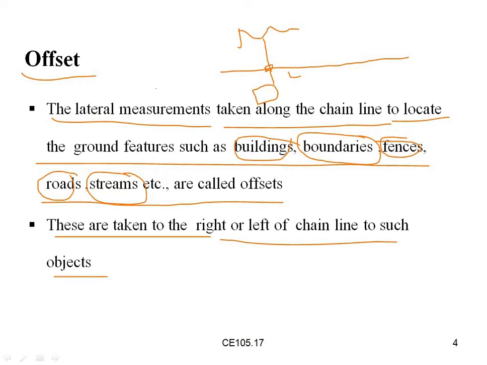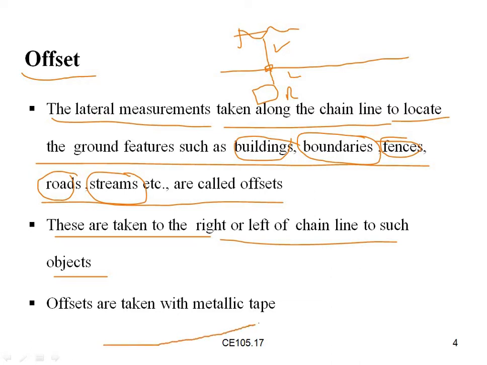So we can take it either on the left or on the right, while going along the chain line. These offsets are taken with a metallic tape.